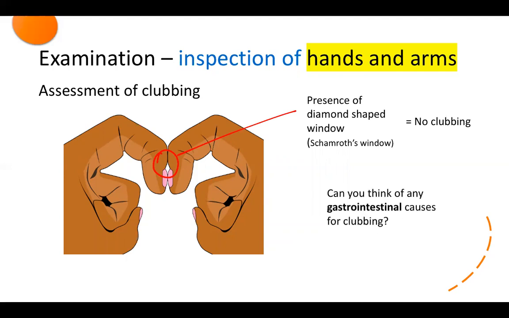Can you guys think of any gastrointestinal causes of clubbing? Yeah, good. So IBD is one of them. There can be quite a few causes, to be honest, but IBD is a good one to know. Celiac disease, malignancies, and liver cirrhosis can also cause clubbing.